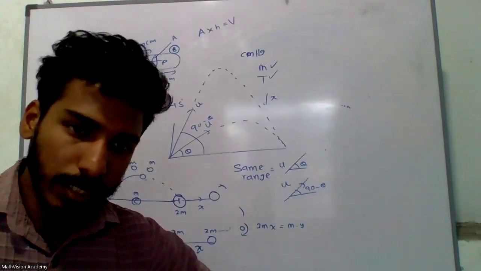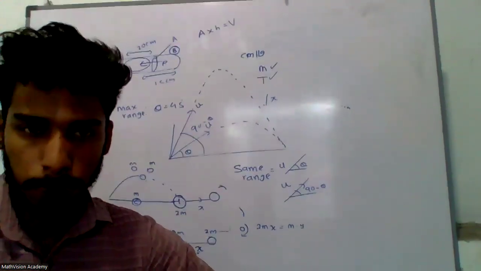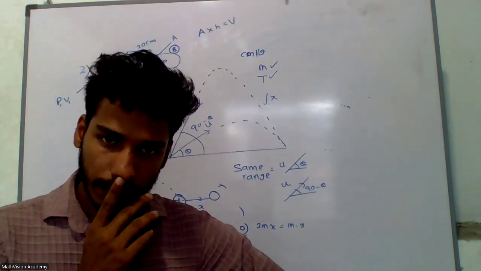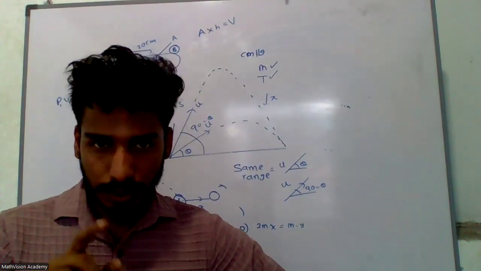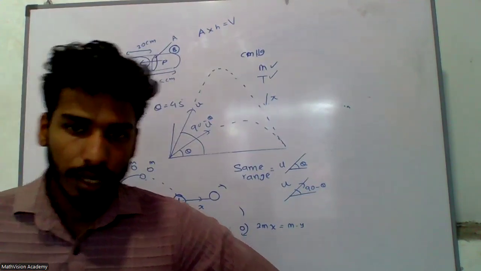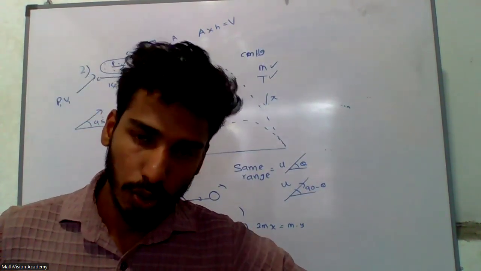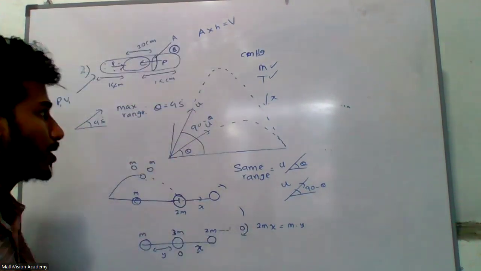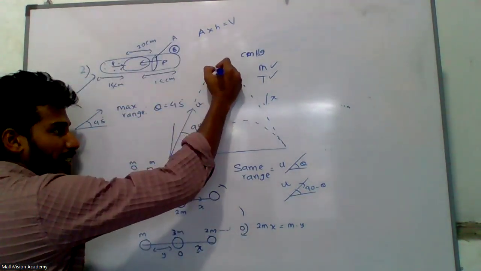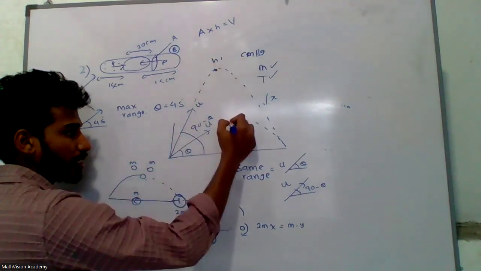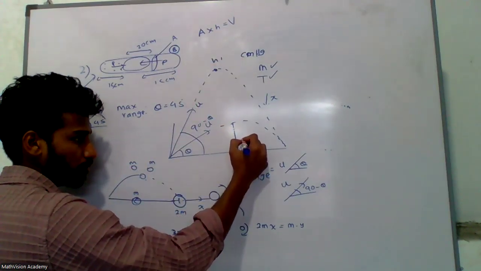So let's move to question number 7. A projectile with the same range, when the maximum height attained by it is h1 or h2, which means one has the maximum height of h1, another one has the maximum height of h2.